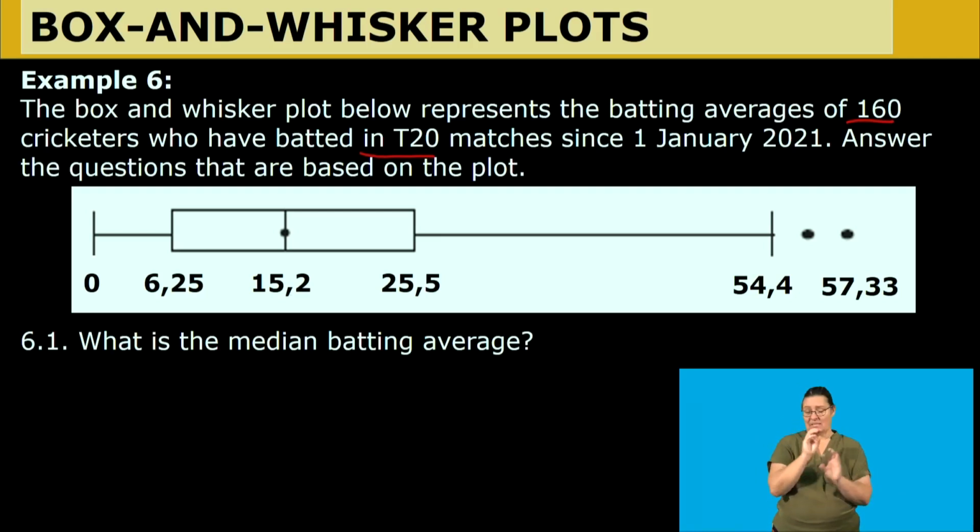So there is our box and whisker plot. We know that this is the minimum. This represents Q1. This represents Q2. This represents Q3. And this represents the maximum. So this is what I'm expecting you to do in the exam. You label your box and whisker before you can even answer the questions.